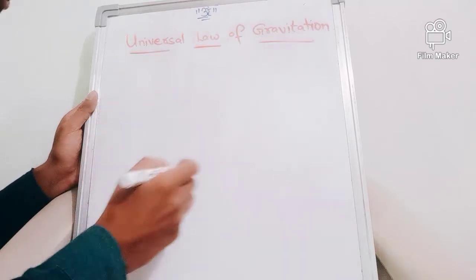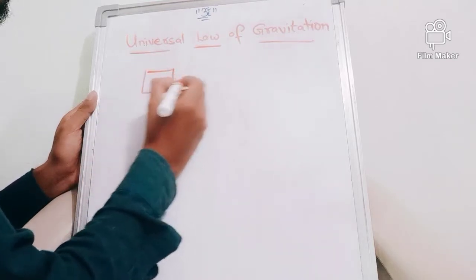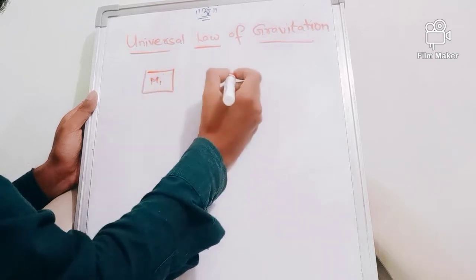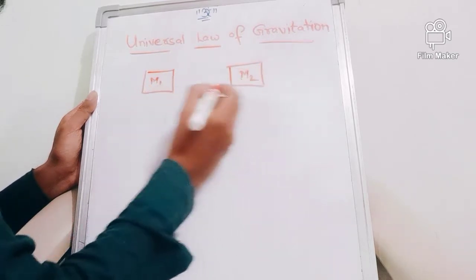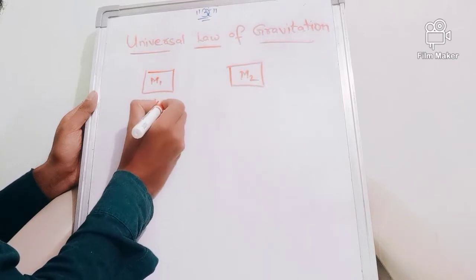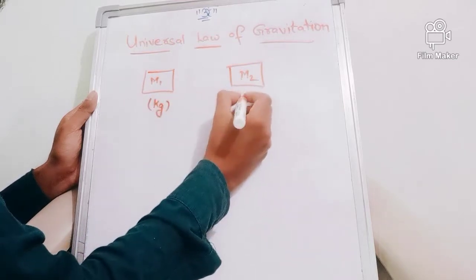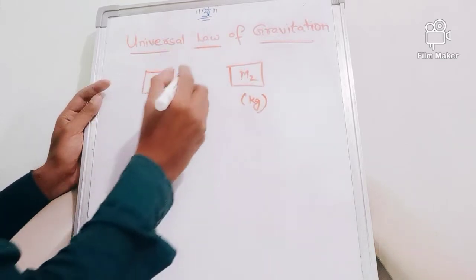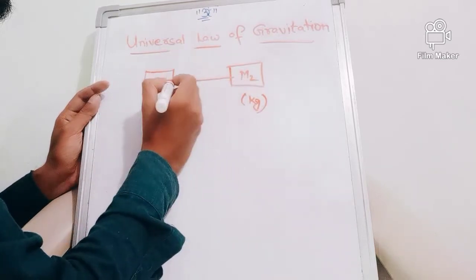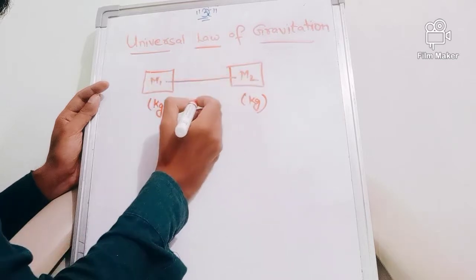As you know, consider two bodies M1 and M2 with their masses in kilograms, and let the distance between their centers be r.